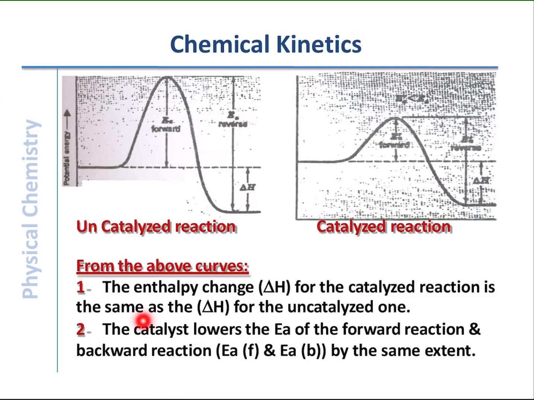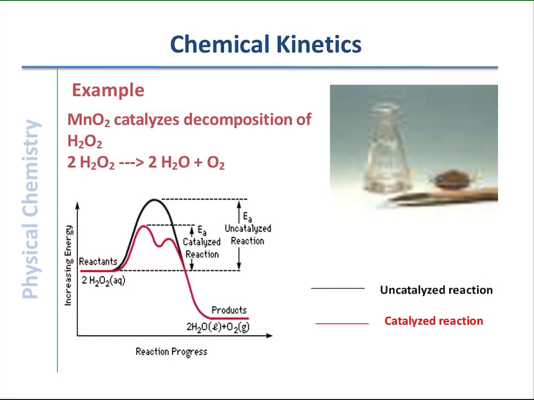The catalyst lowers the activation energy, not delta H. The catalyst lowers the activation energy of the forward reaction and backward reaction by the same extent. Example of a catalyzed reaction: manganese dioxide catalyzes the decomposition of hydrogen peroxide.